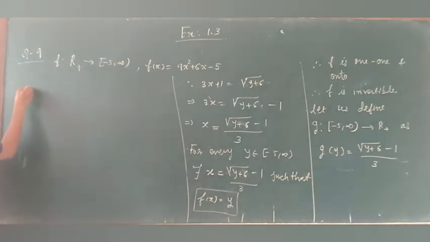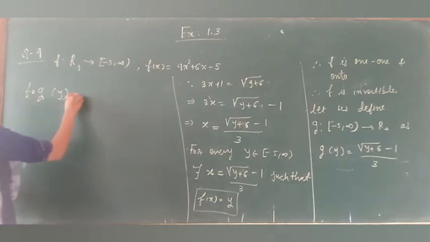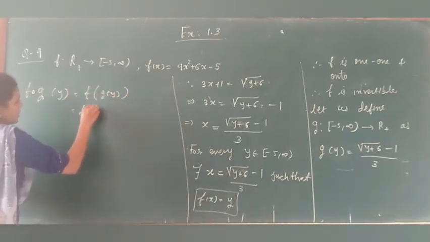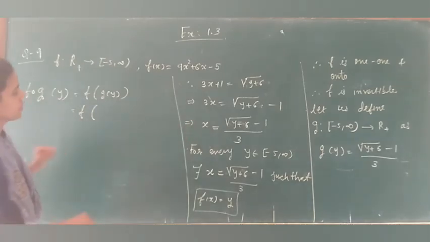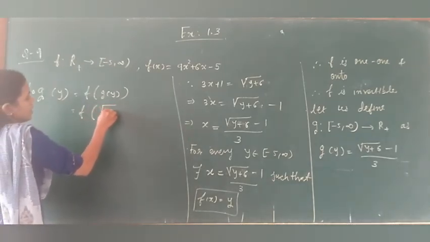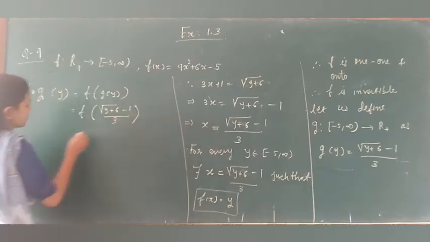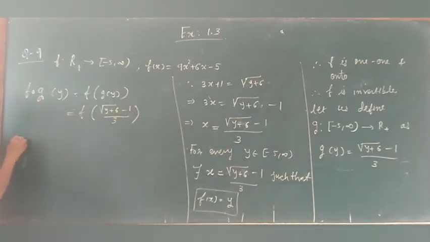Now let me see f composition of g. f is composed, it will apply on g of y. So what is the g of y we have defined? Under root y plus 6 minus 1 upon 3. So what is our f? It is 9x square plus 6x minus 5.